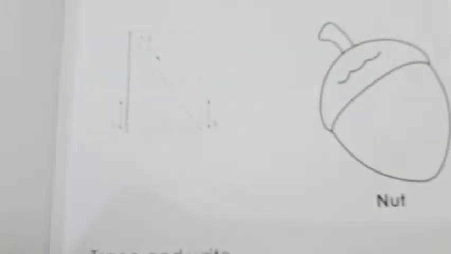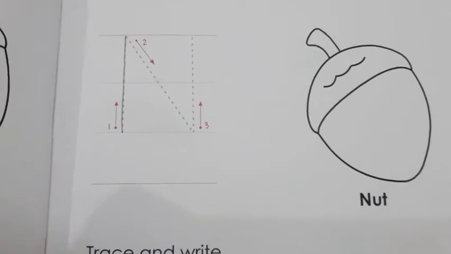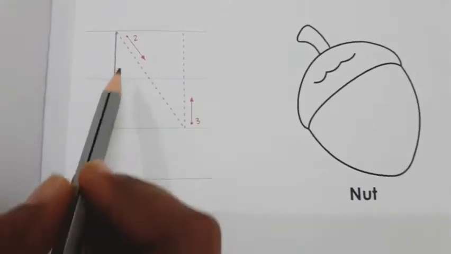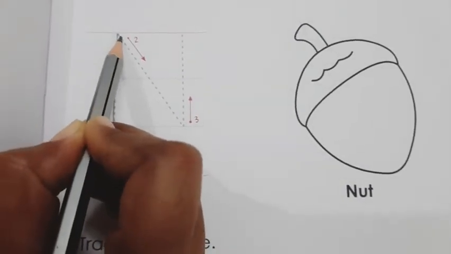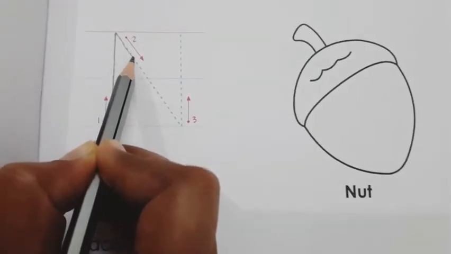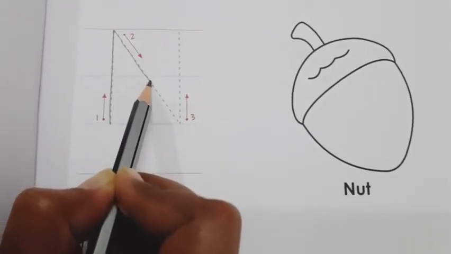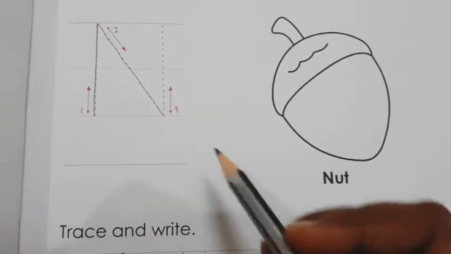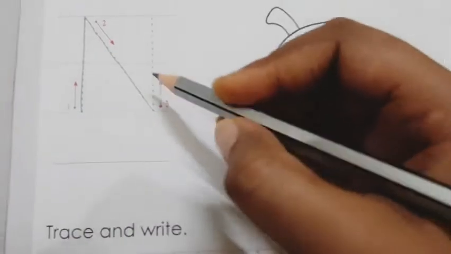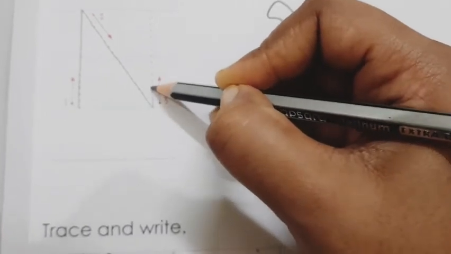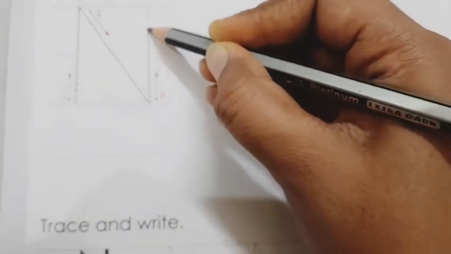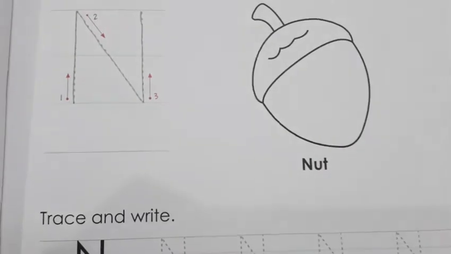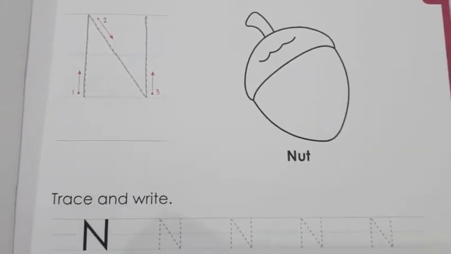Like this is the first step. Second step, come down from red line to blue line in a slanting way. Fine. And third step, go up from blue line to red line. Like this. This is capital letter N.